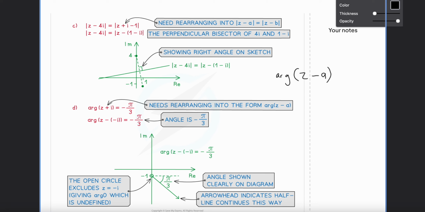So we are going to have our open circle, because argument of 0 is undefined, at minus 1 on the imaginary axis, right? And since it's negative, we are going to measure it going in the opposite direction. So we're going to have our pi over 3 going in the clockwise direction rather. Okay, so that is our answer. I hope you understand.